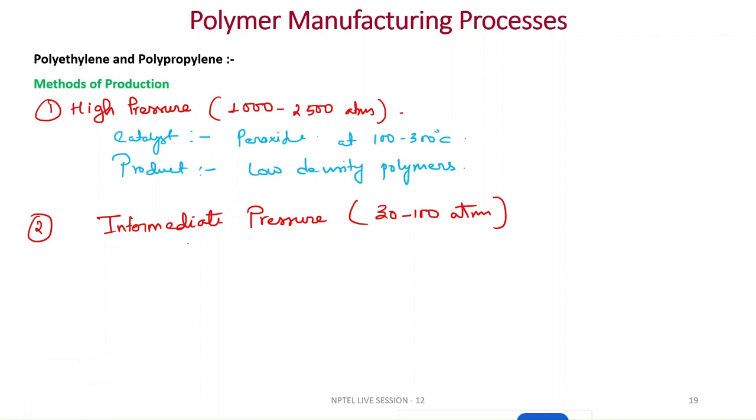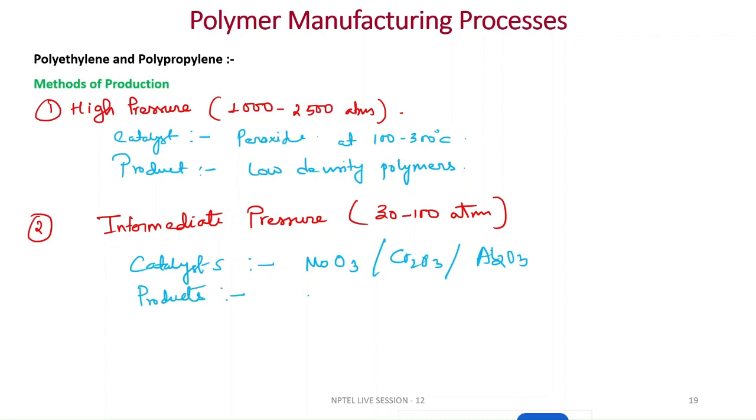You just remember that it uses a catalyst of MoO3 or Cr2O3 or alumina catalyst Al2O3, and the products of this intermediate pressure are high density polymers.